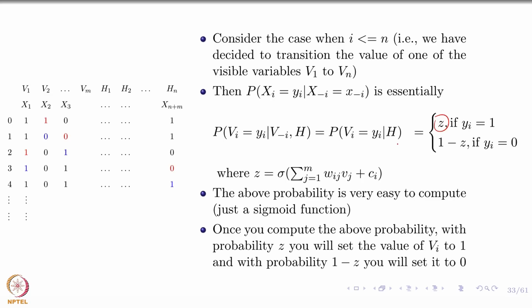You will pick a random value between 0 and 1 sampled from a uniform distribution. If the value is less than 0.2, you will set it to 1. If the value is greater than 0.2, you will set it to 0. So this is straightforward. There is no problem in doing this.